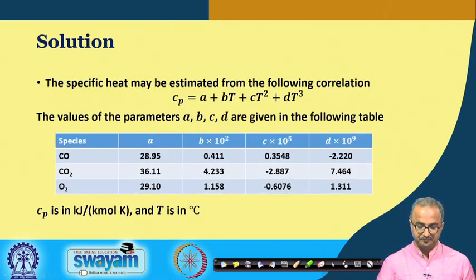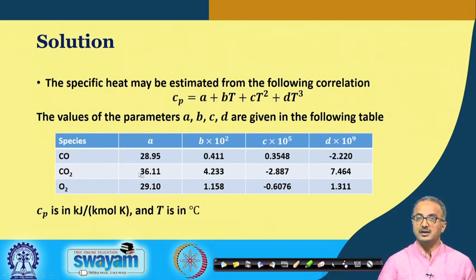So, the enthalpy change due to phase change will be taken as 0, and the rest of the things we shall account for. Again, we see that the specific heat may be estimated from various types of correlations, and in the data source we find that the specific heat for the given components has been given in terms of this polynomial equation, where A, B, C, D are specific for a given component.